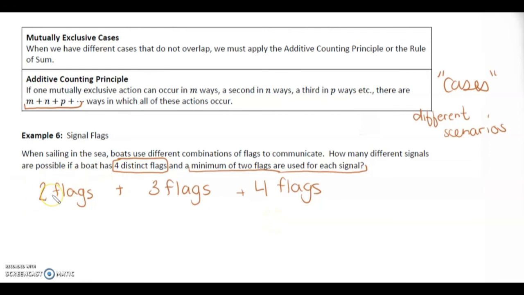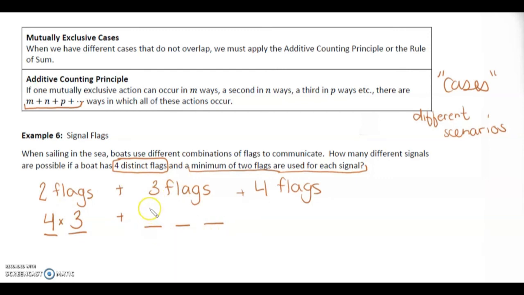How many ways can we display 2 flags? We have 4 flags to choose from, and once we choose that one flag, we have 3 flags to choose from for the second flag. How many ways can we display 3 flags?